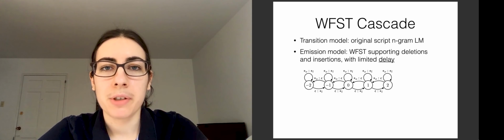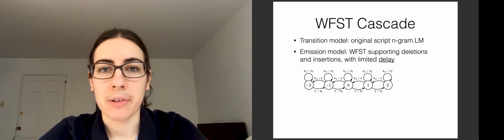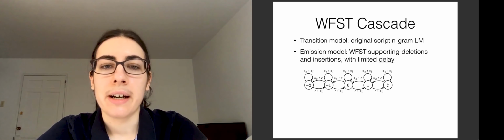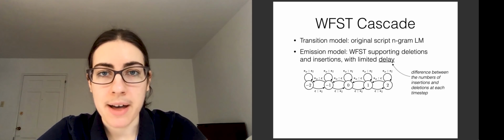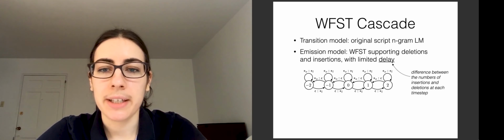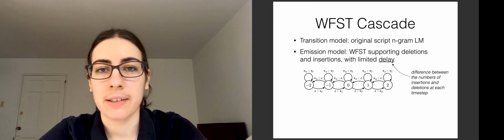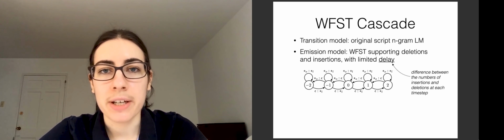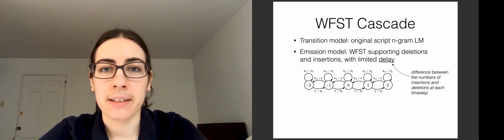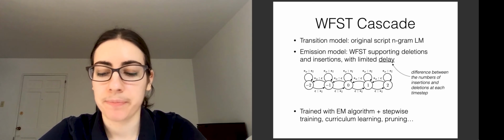And because we don't want to marginalize over extremely long sequences, we limit the delay of every path through the emission model. In our case, delay is equal to the difference between the number of insertions and deletions at each time step, or in other words, the distance from the diagonal in the alignment matrix.